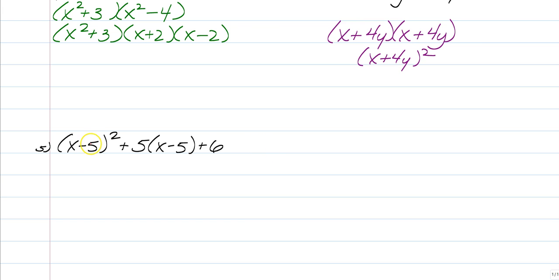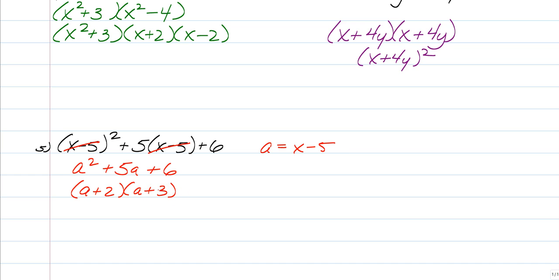What if we were to just say, you know what, these guys are just annoying me. I'm just going to call that a. So a is equal to x minus 5. And I'm just going to factor a very easy quadratic instead: a squared plus 5a plus 6. What multiplies to 6 but adds to 5? That would be an a plus 2 and an a plus 3.